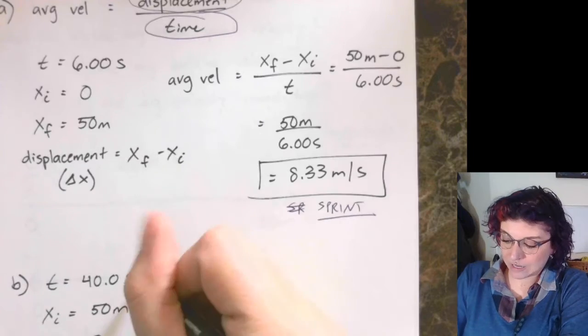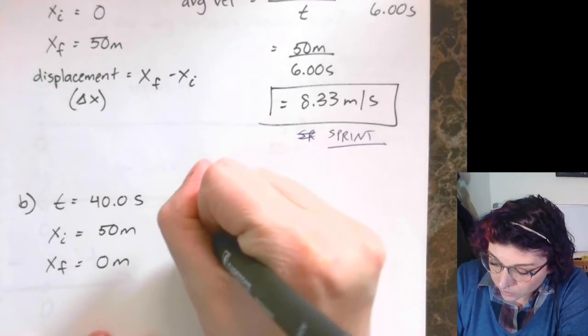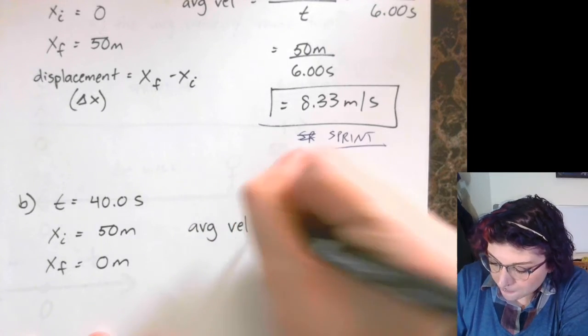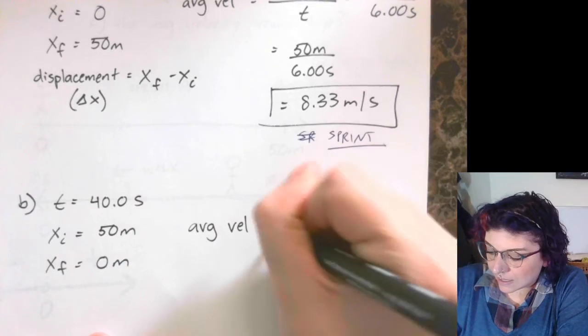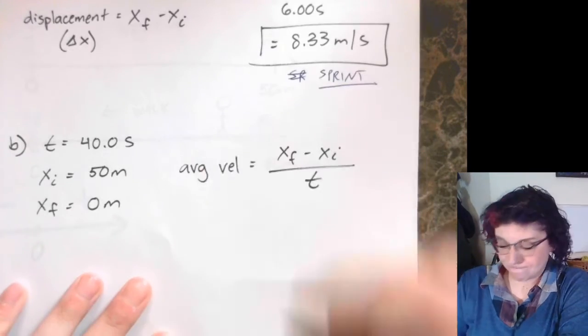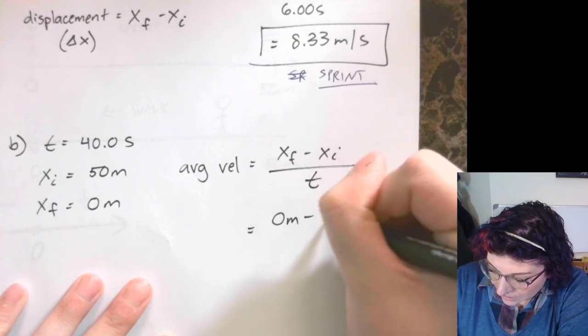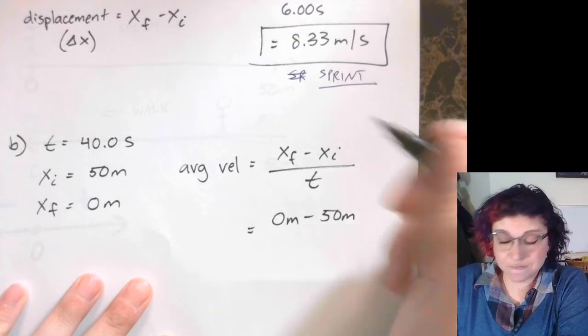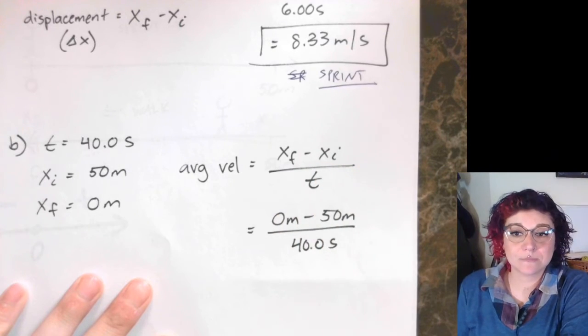So again, we're just going to plug these values into our average velocity equation. So I have xf minus xi over time, 0 meters minus 50 meters over 40 seconds.